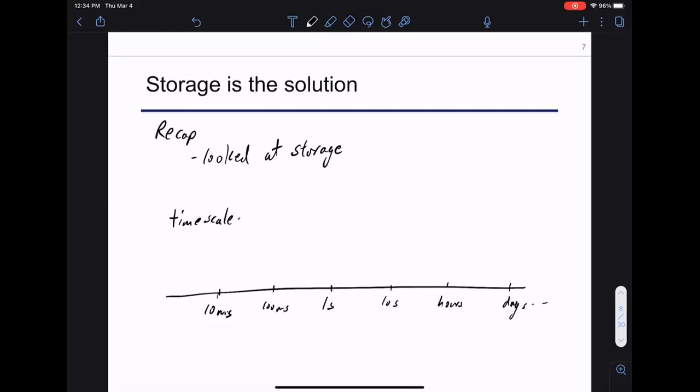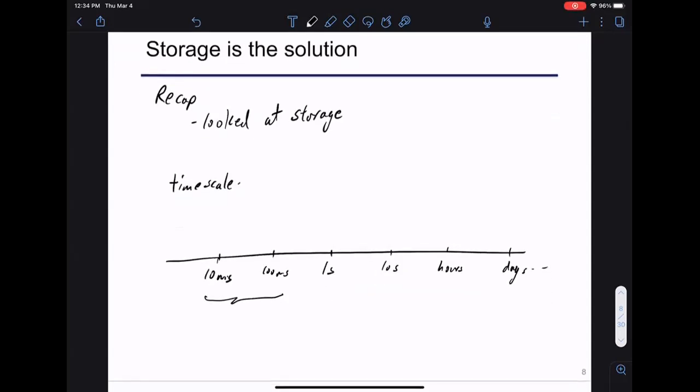If you look at storage, we actually have a fair amount of storage here. This is represented by mechanical inertia. If you went to the seminars this quarter, you heard about this again and again.